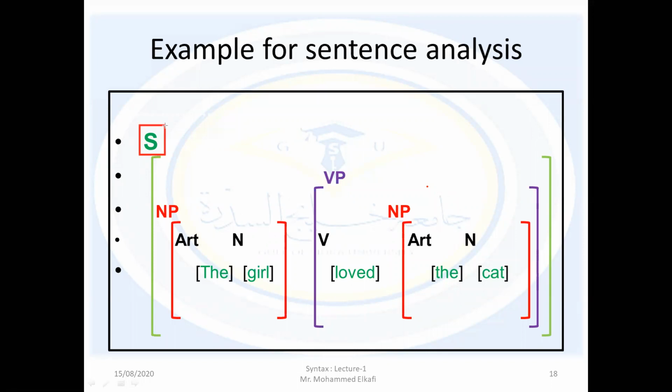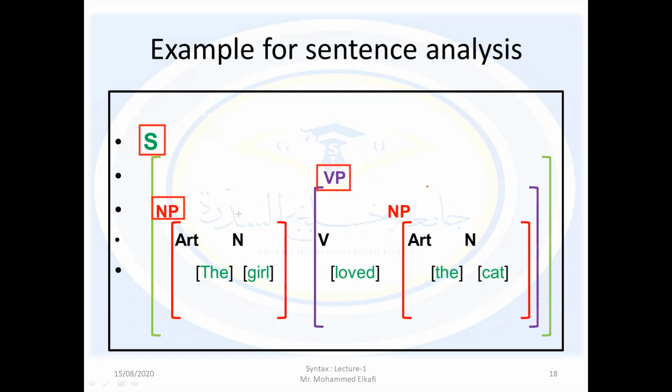It includes all these units. Some smaller components are the noun phrase and the verb phrase. They are smaller than the sentence.